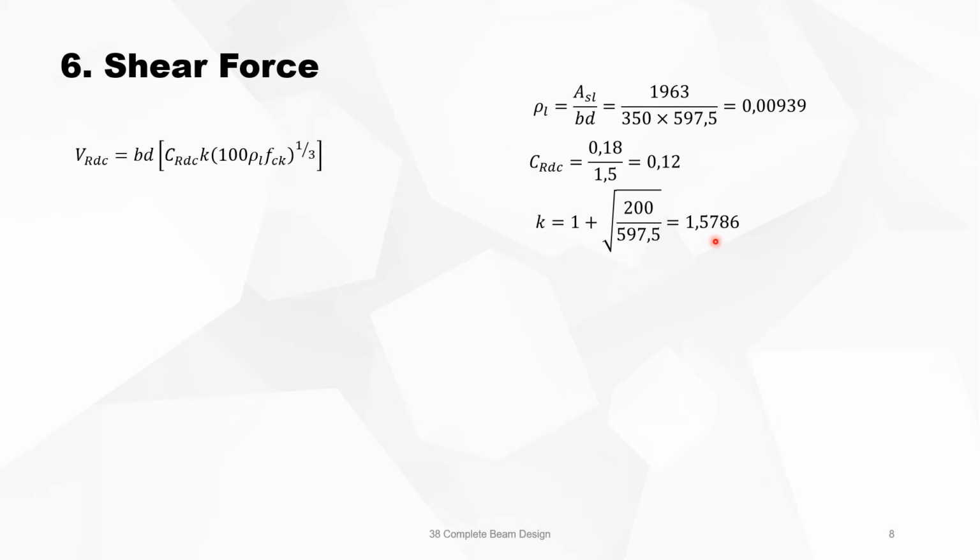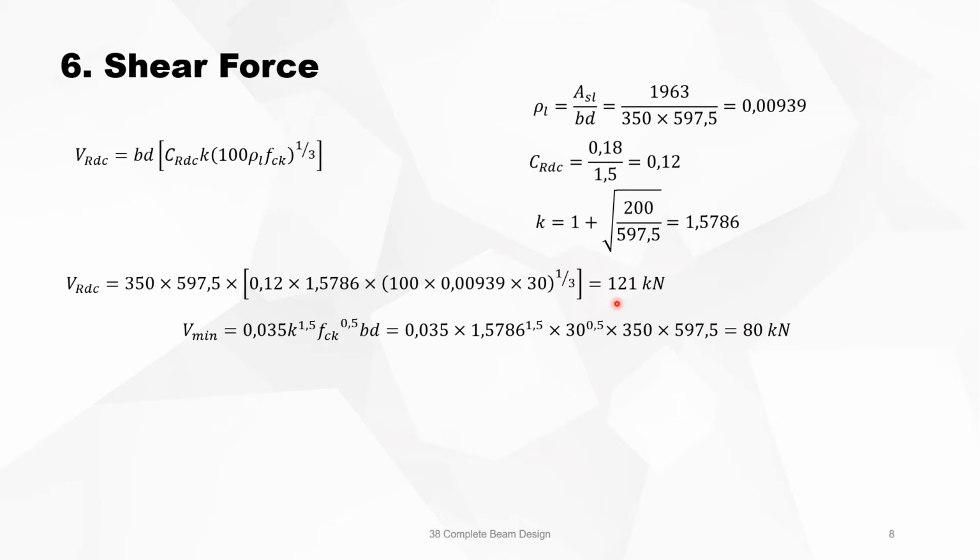It's 1.5786. We plug in the different numbers and we find that the shear capacity of the concrete itself, without shear reinforcement, is 121 kilonewton. We first check the minimum value, which is 80 kilonewton, so we must take the maximum of the two.